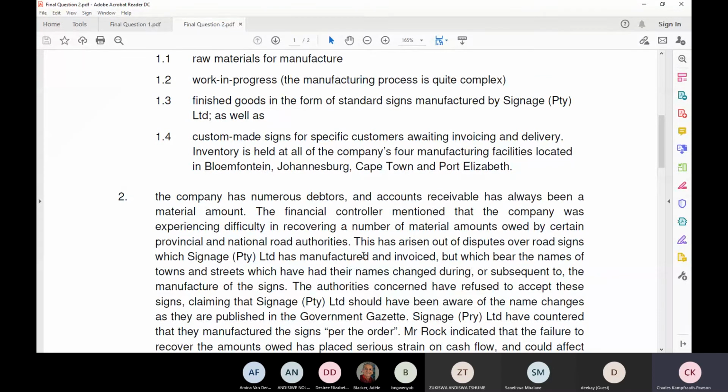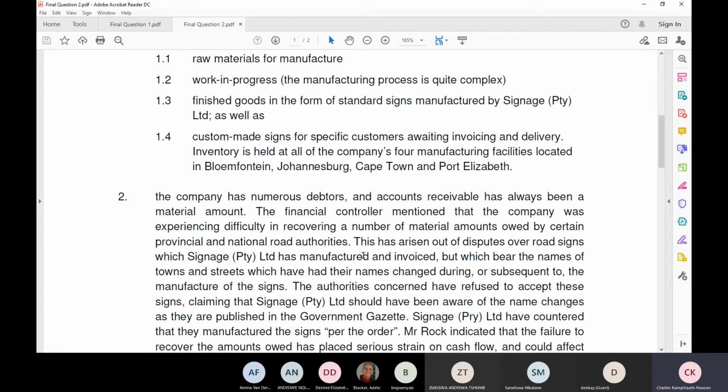The financial controller mentioned that the company was experiencing difficulty in receiving a number of material amounts owed by certain provincial and national road authorities. This has arisen out of disputes over road signs which Signage Pty Limited has manufactured and invoiced, but which bear the names of the towns and streets which have had their names changed during or subsequent to the manufacturing of the signs.